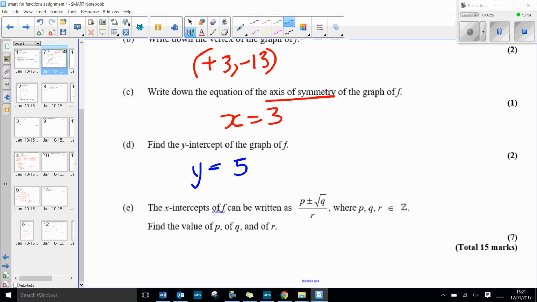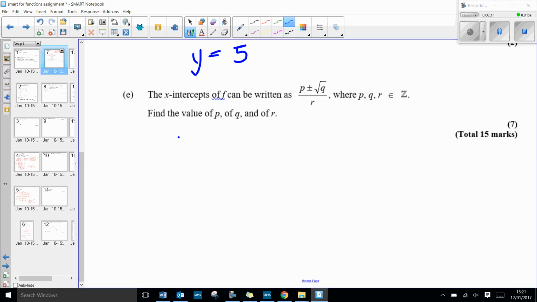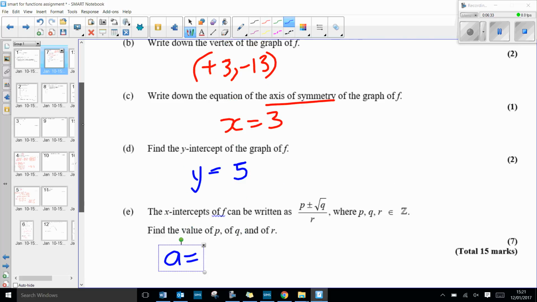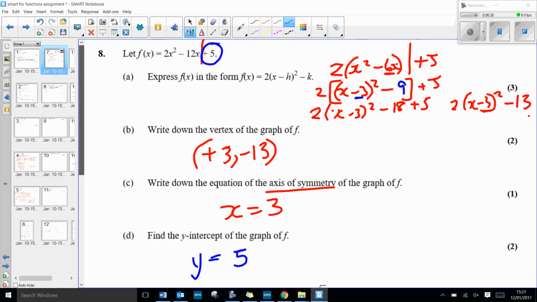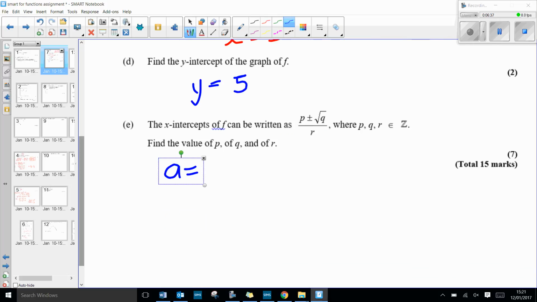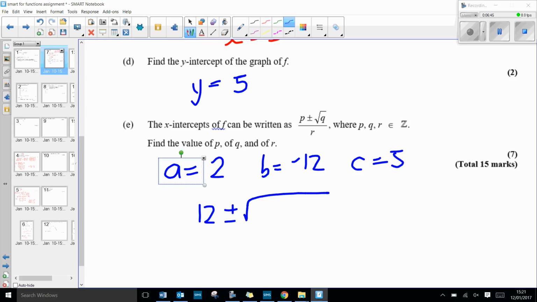We need to know the x-intercepts. Okay, so that's using the quadratic formula. So a is 2, b is negative 12, and c is 5. So it's positive 12 plus or minus the square root of b squared minus 4 times a times c, over 2a.